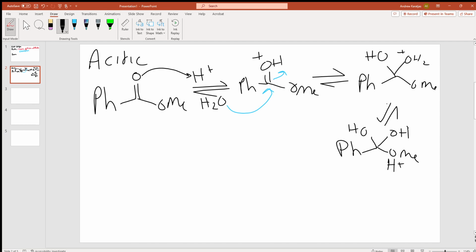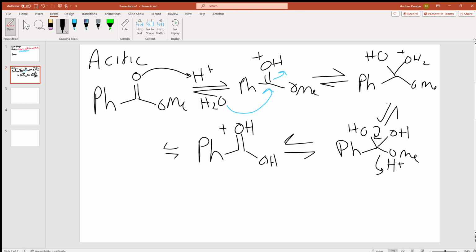Now, a lone pair on oxygen adds in. We kick out our leaving group. And finally, we lose a proton. We're regenerating our acid catalyst to form our carboxylic acid.